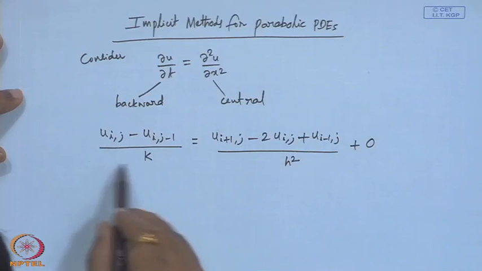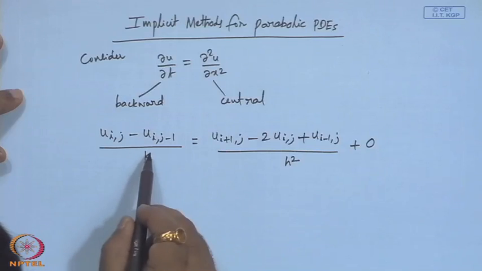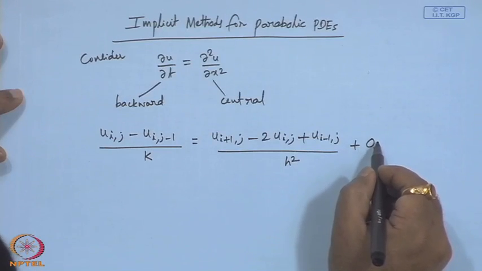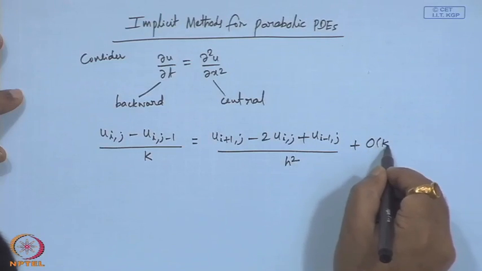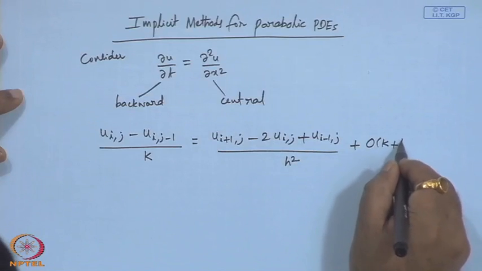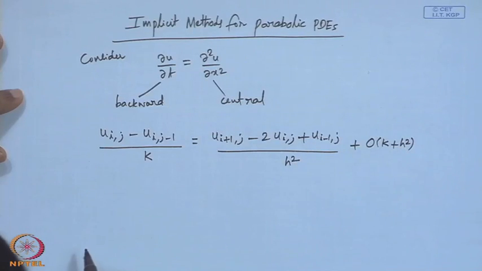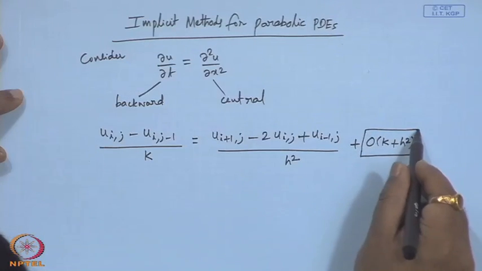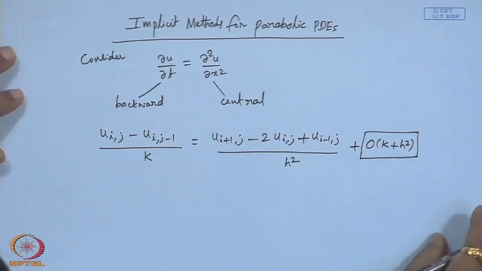Now when you approximate backward, there is a non-zero leading coefficient that starts at k, and when you approximate central this starts at. I am not talking about this right now because we will learn about it in detail in the coming lectures.